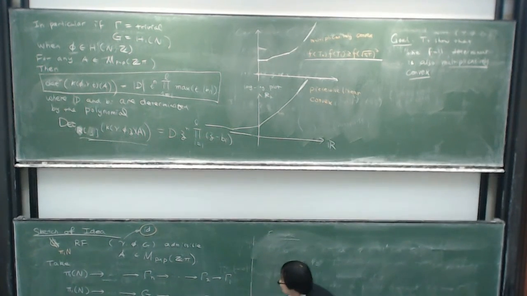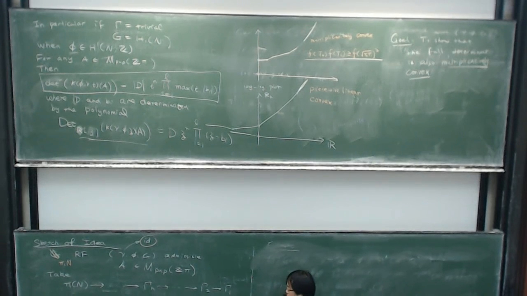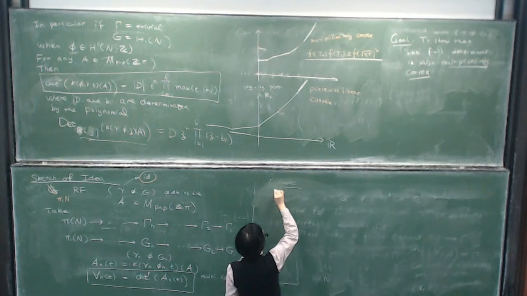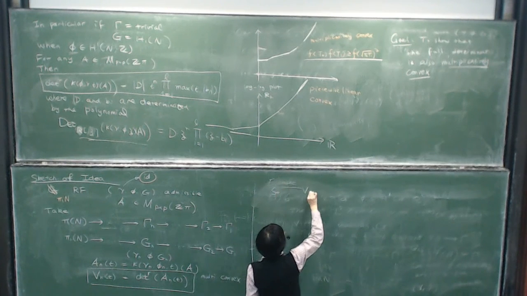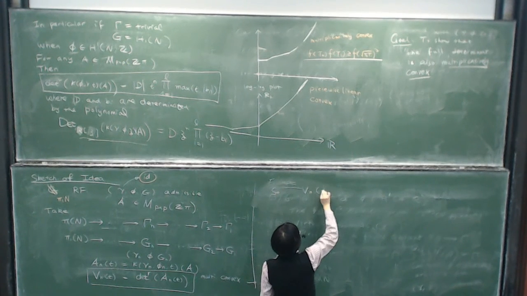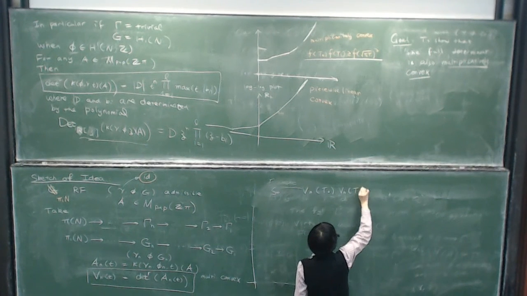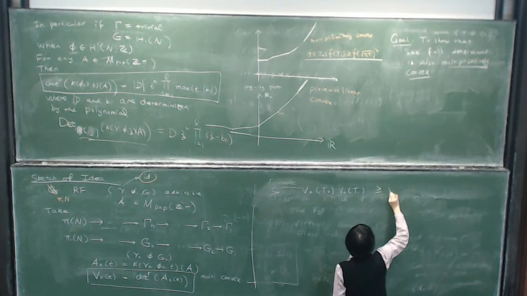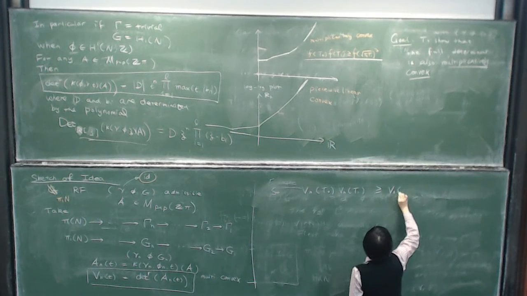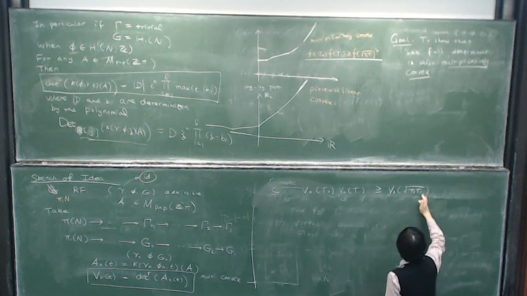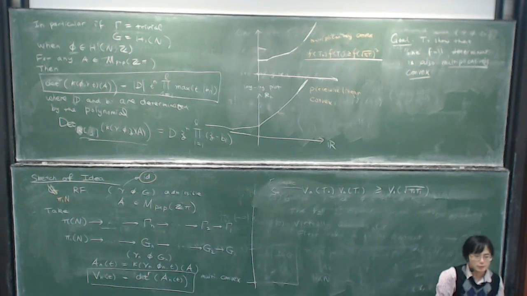So the convexity tells you that for each n, you will have some expression like this.